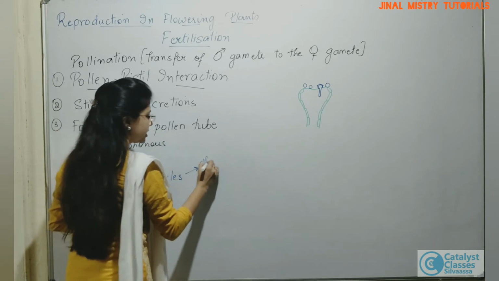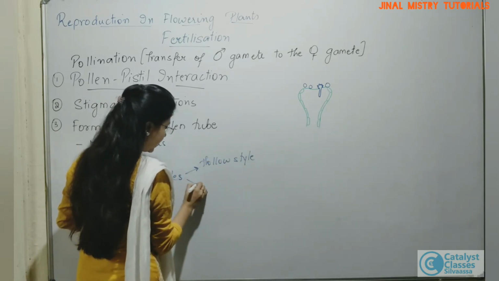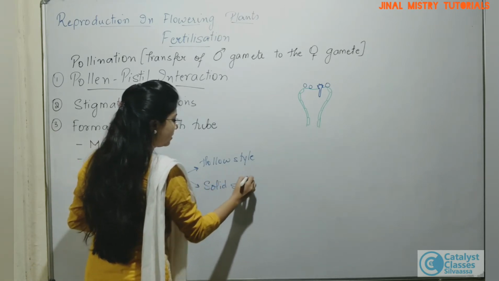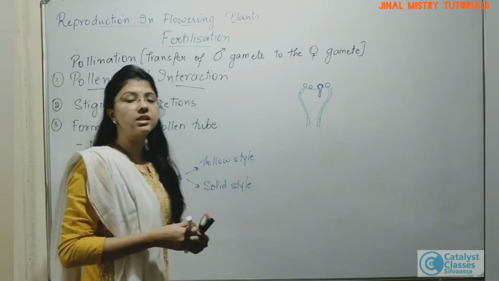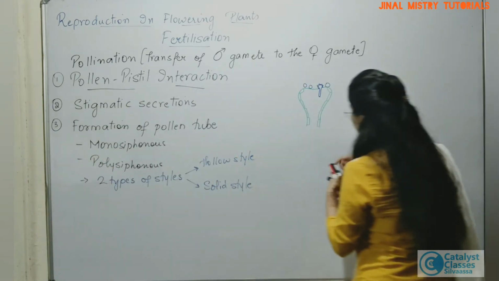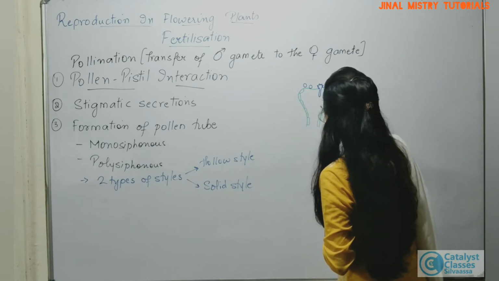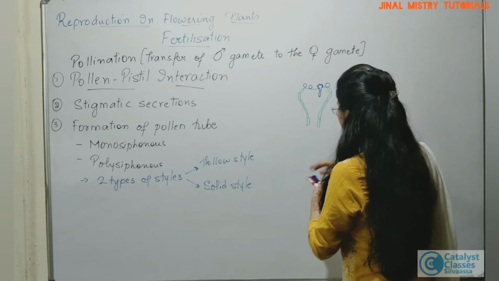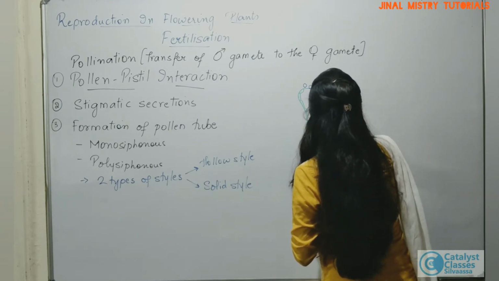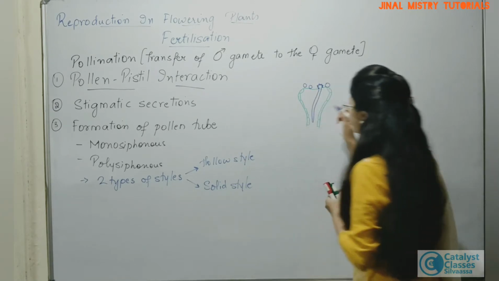One is the hollow style, and the second one is the solid style. Solid style means the one in which the style is completely packed with cells. This is a hollow style, the periphery of which is surrounded by certain cells, right? And the pollen tube which germinates is going to pass through this part, like this. Okay, so this is a hollow style.